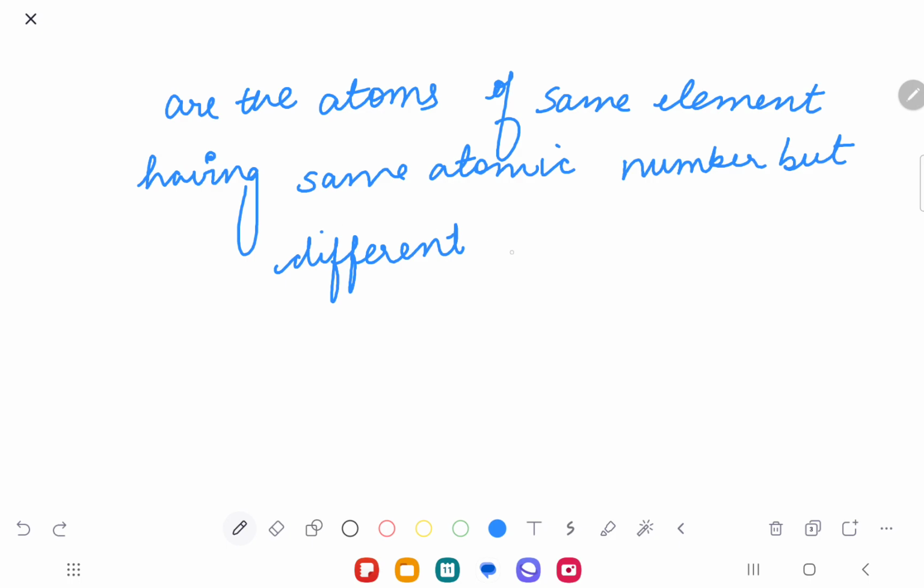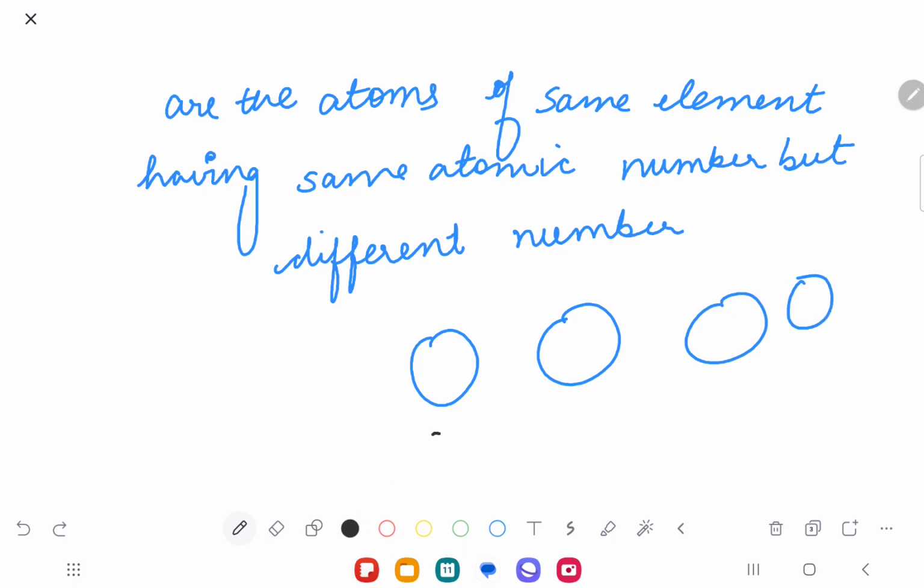So it's like this, that when you look for carbon in nature, all the atoms of carbon are there, but some are heavier atoms of carbon and some are lighter atoms of carbon. And why is that so? Because carbon atomic number is 6, so all of them will contain 6 protons. But some carbon nucleus consists of 6 neutrons.